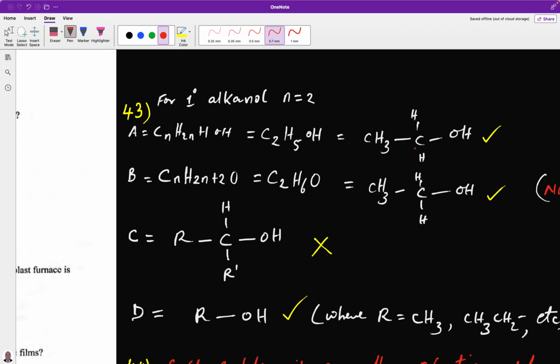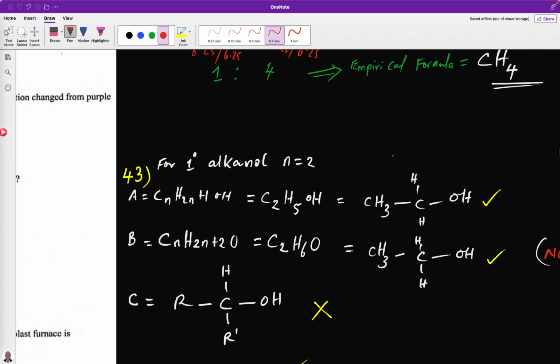Because one of the hydrogens has been substituted. We are starting from methanol. Look at it here: OH, hydrogen, hydrogen, hydrogen. This is not a primary alcohol, not a secondary alcohol, not a tertiary alcohol.